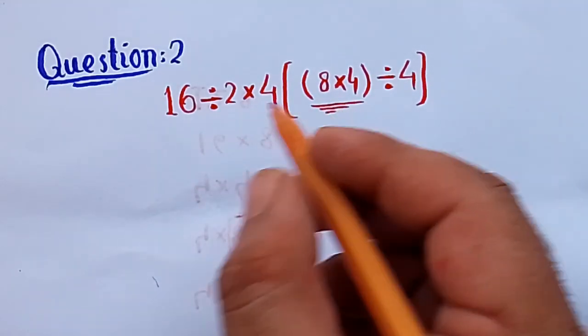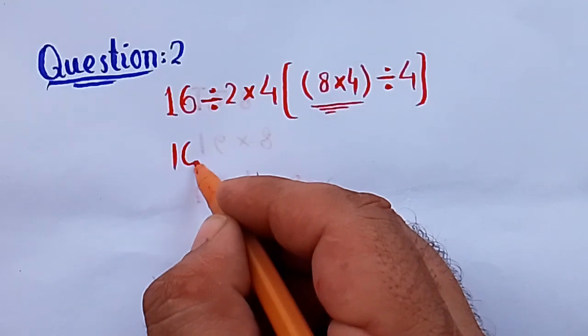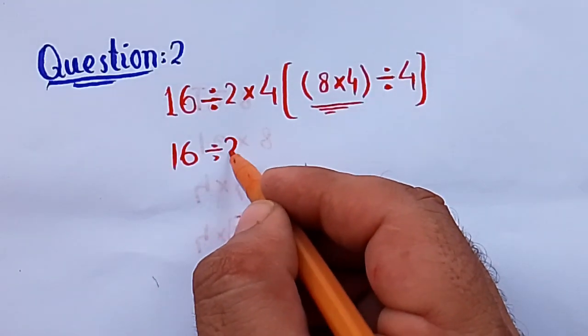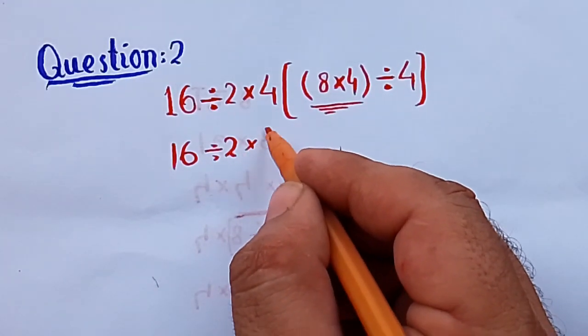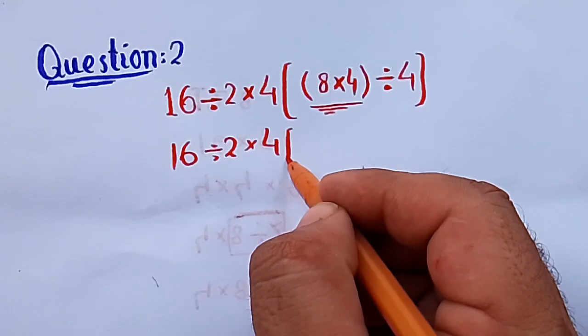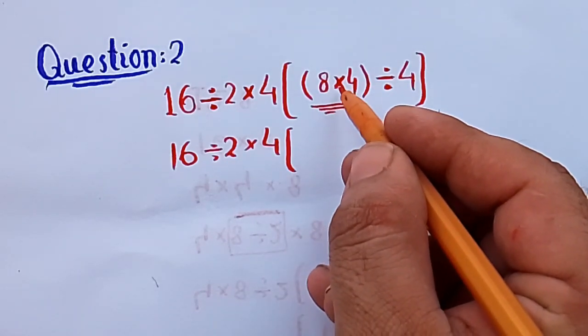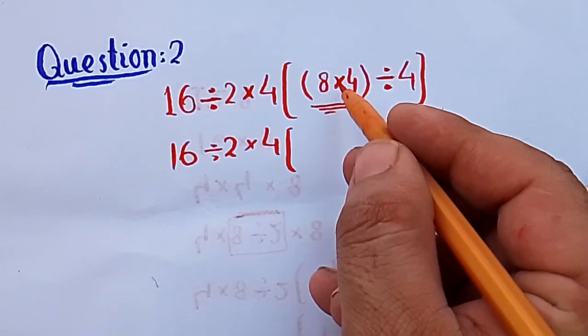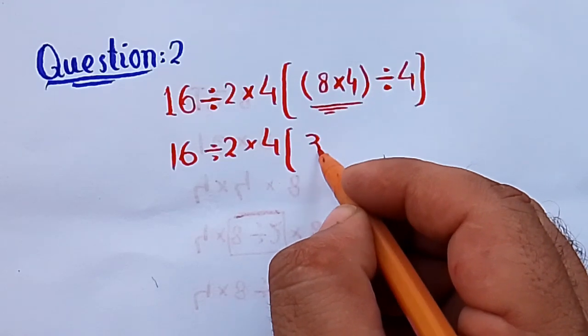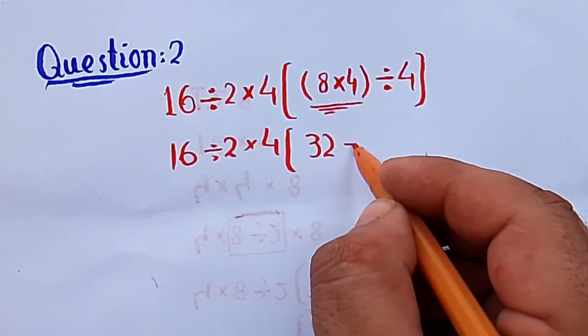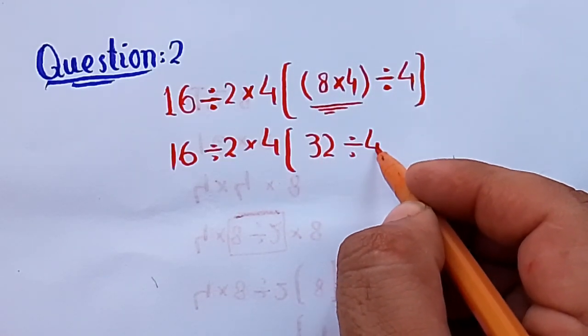So let's solve this bracket. In this bracket there is a multiplication sign, so 8 times 4 means 32, and divided by 4.